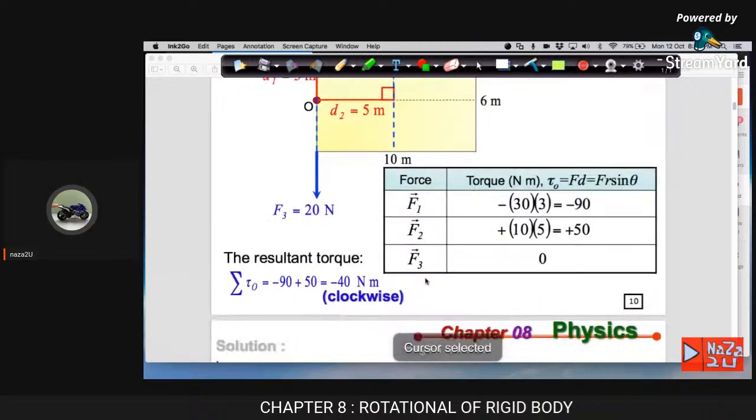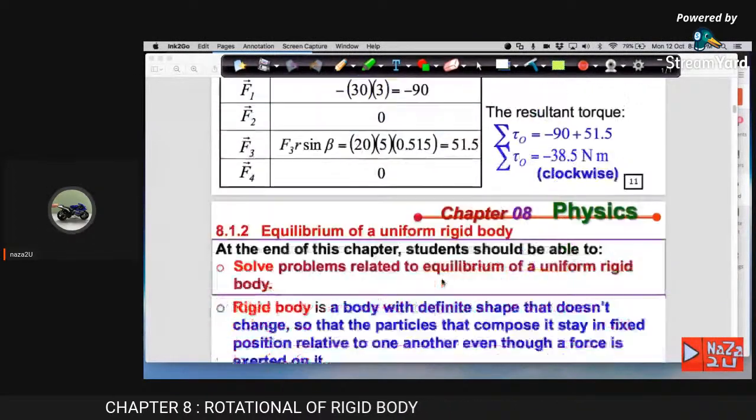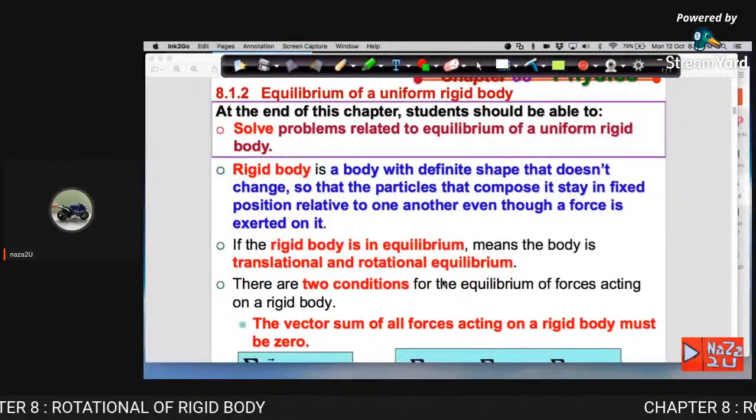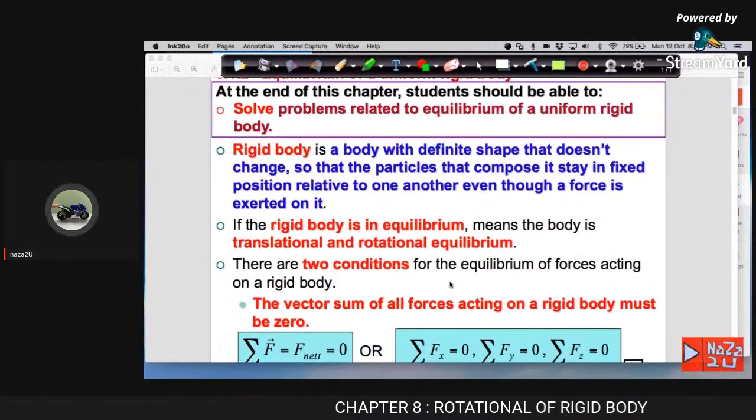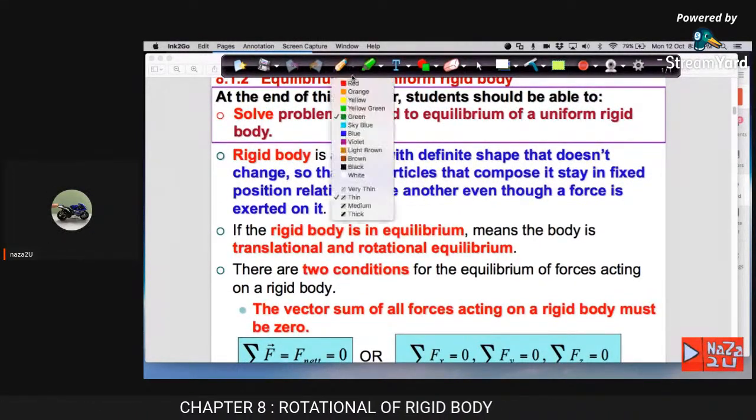Okay, continue. For other examples, you can look at them yourself later. Okay, so I go to the rigid body. So what is a rigid body?